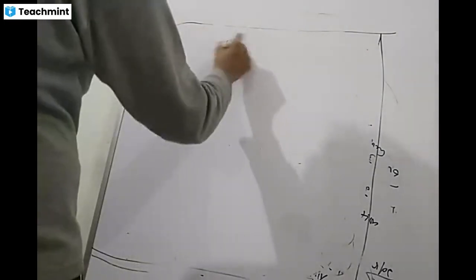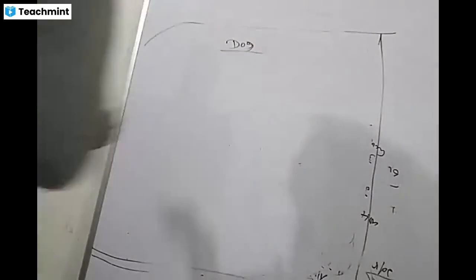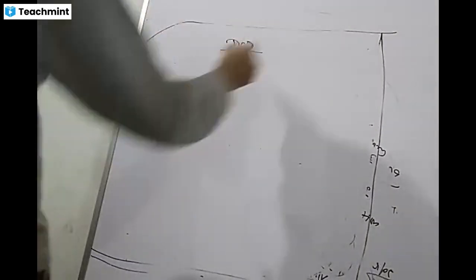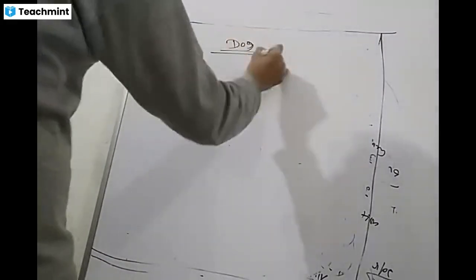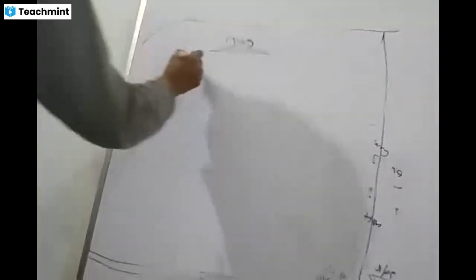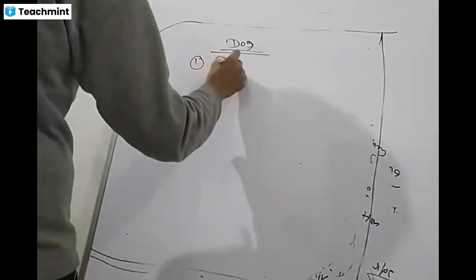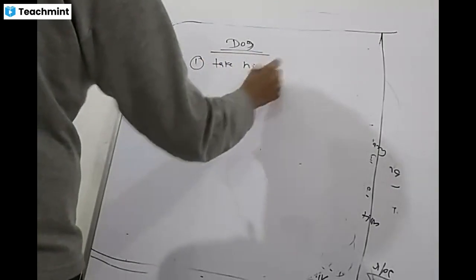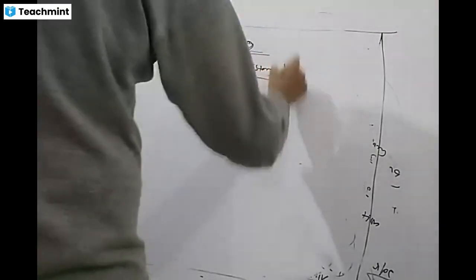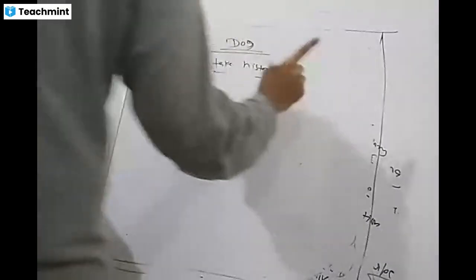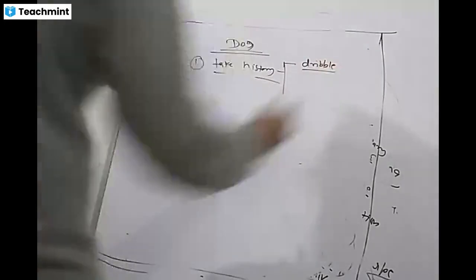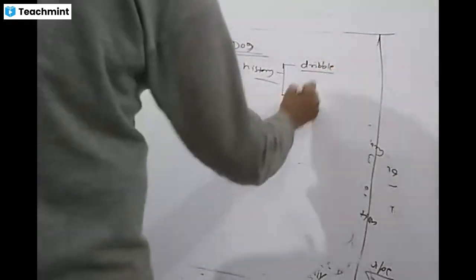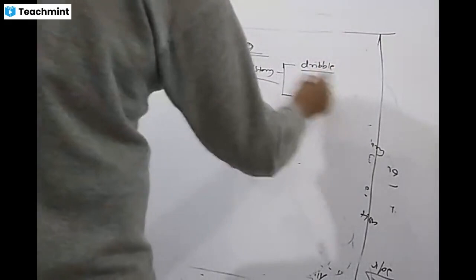Now we'll see in case of dog how to approach a case of urolithiasis. Number 1, first we take history. In that history, there may be partial obstruction, that is dribbling of urine, or there may be anuria.